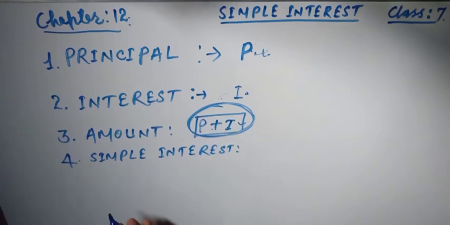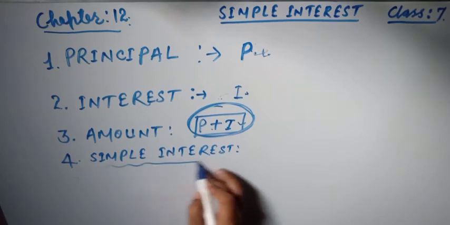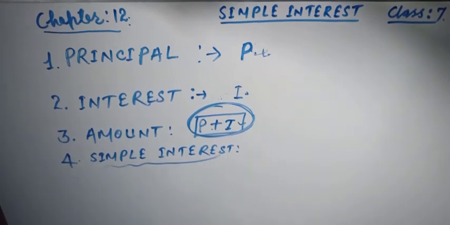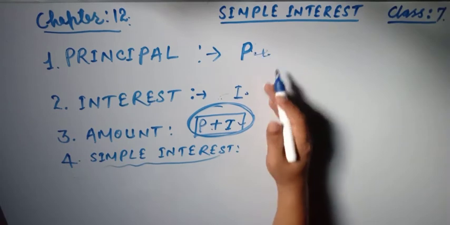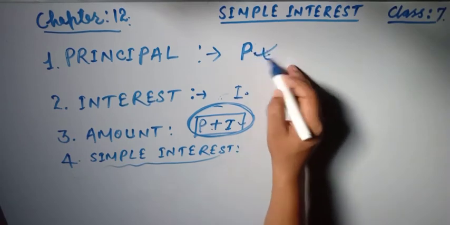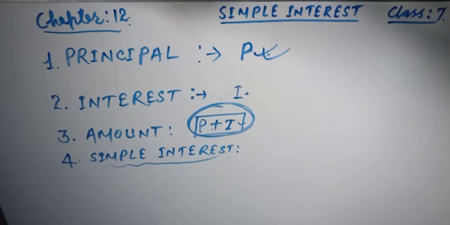Okay, now see the next, fourth number, simple interest, friends. Now see, friends, the simple interest is only the interest. If the interest is calculated uniformly on the original money, that means the principal, throughout the loan period, it is called the simple interest.